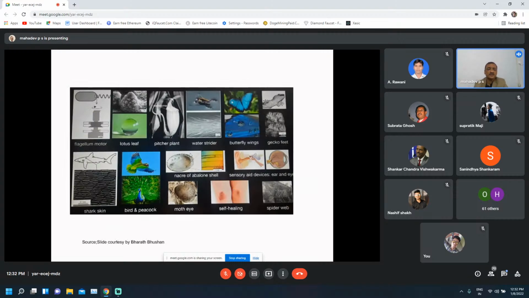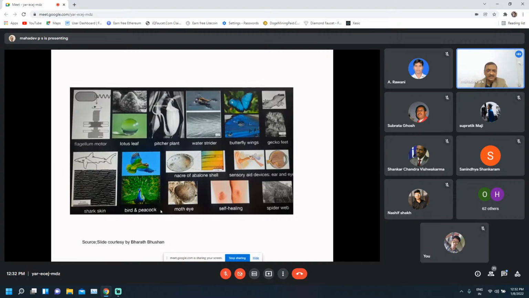Like the lotus leaf, there are many other things in nature that humans can copy or duplicate to solve engineering problems. Even pitcher plants, water striders, butterfly wings, gecko feet. You might have seen Spider-Man moving from one building to another; that also involves such a thing.